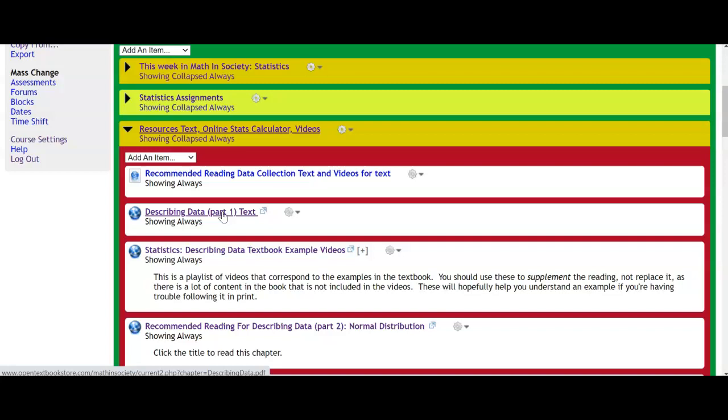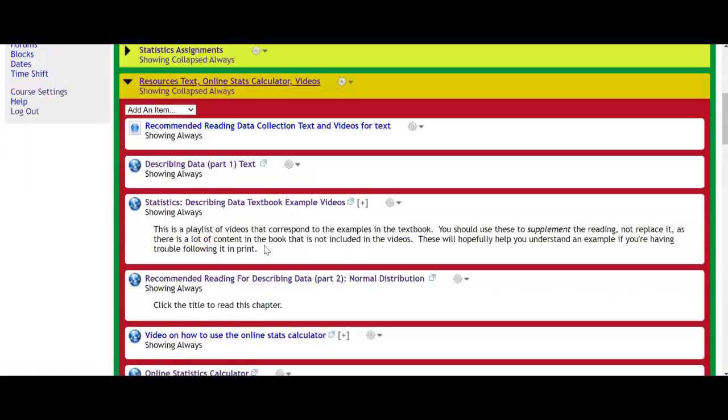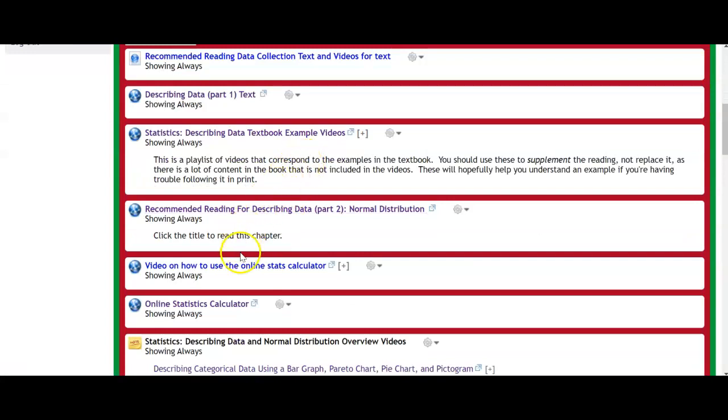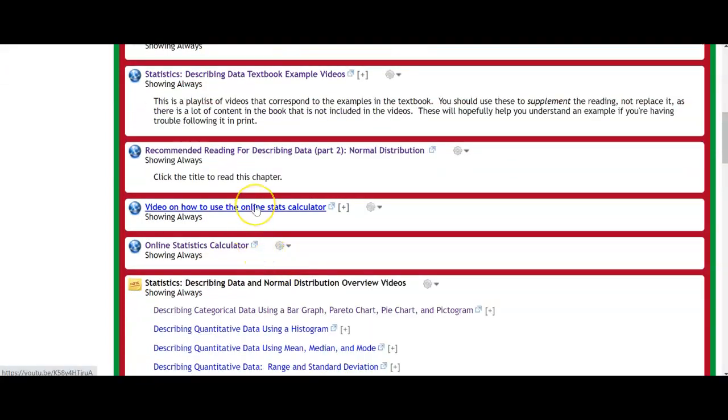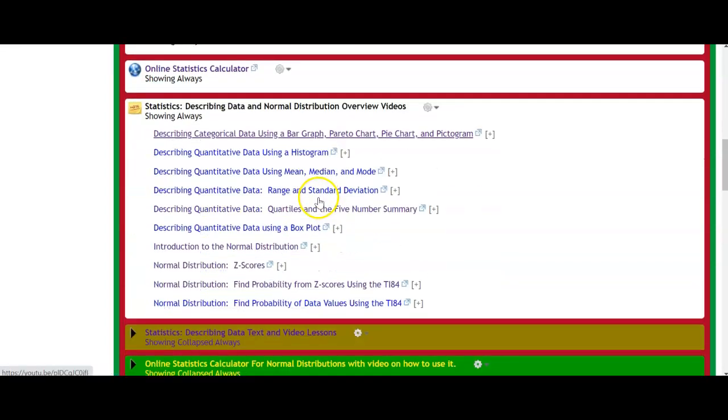Pretty simple stuff. Median, and then what are called quartiles, which are really the medians in the top and the bottom half of a set of data. And then there's textbook and examples for the describing data material, and videos. Again, here's the video on how to use the online stats calculator, and there's the link to the online stats calculator, and then more videos.